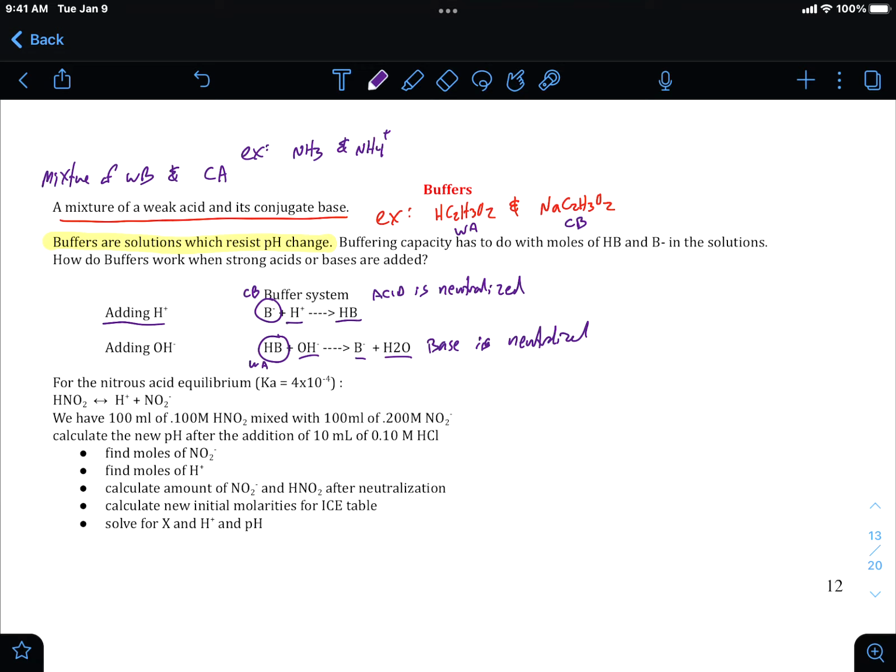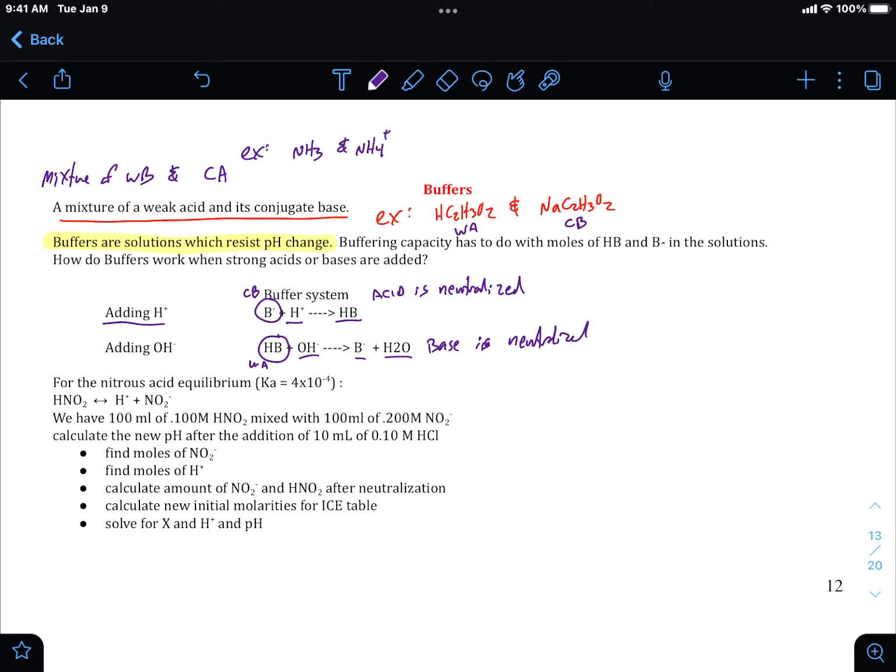That is its purpose, right? And if the H plus is immediately neutralized, if the OH minus is immediately neutralized, then the concentration of H plus and OH minus hasn't changed much, and thus it maintains a stable pH, because the way you calculate pH is negative log of H plus. If the H plus concentration doesn't change, how could the pH change?